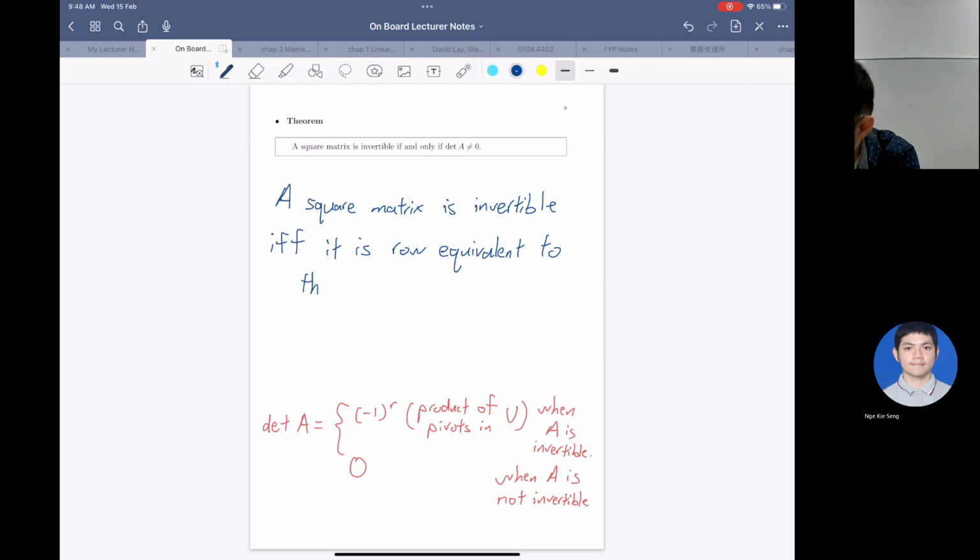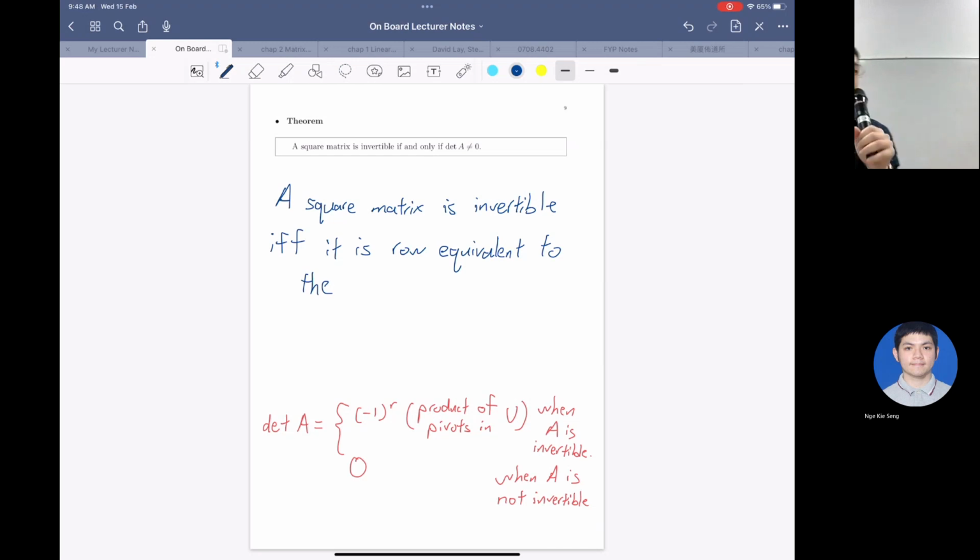what matrix? Remember, a square matrix is invertible if it is row equivalent to what kind of matrix? Yesterday.